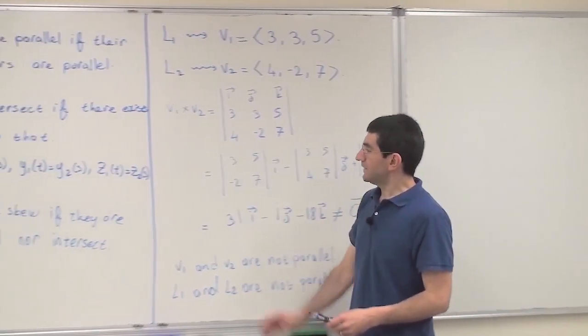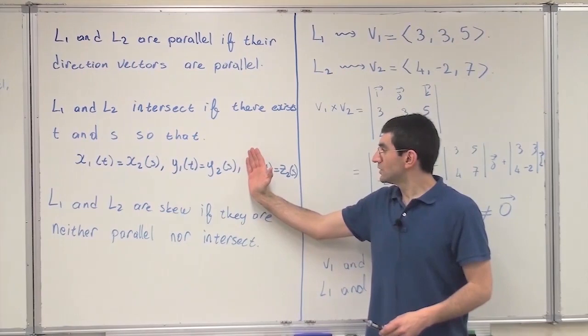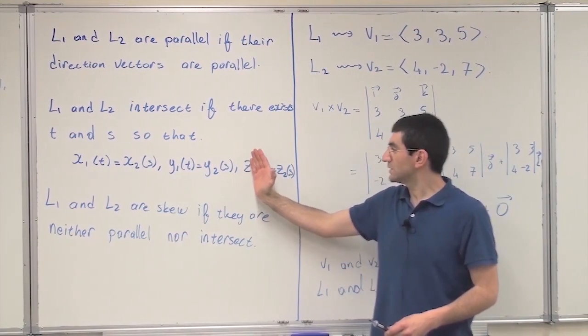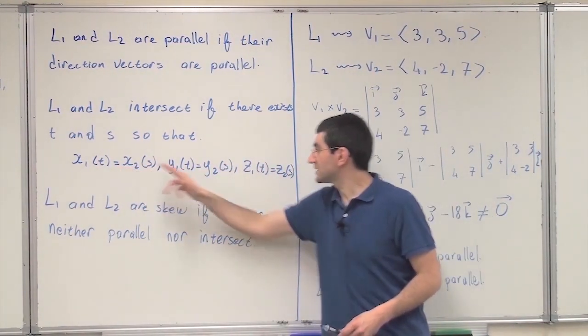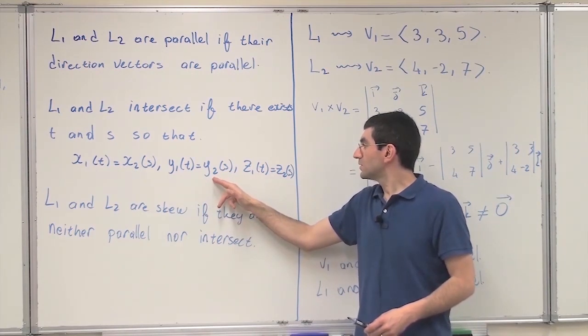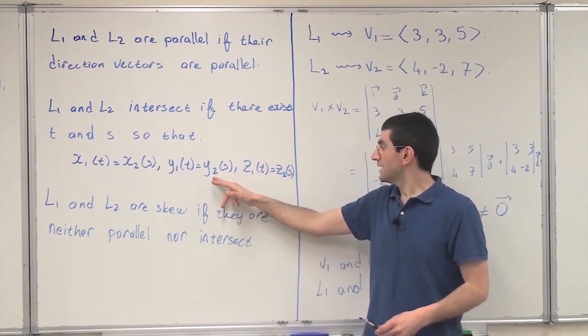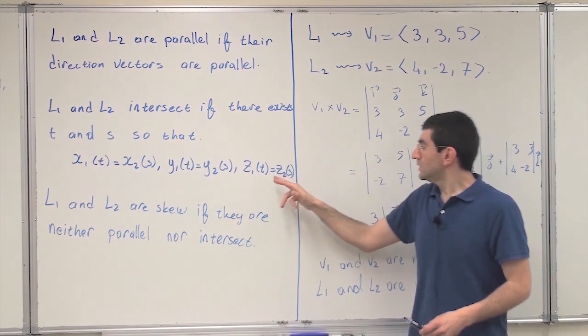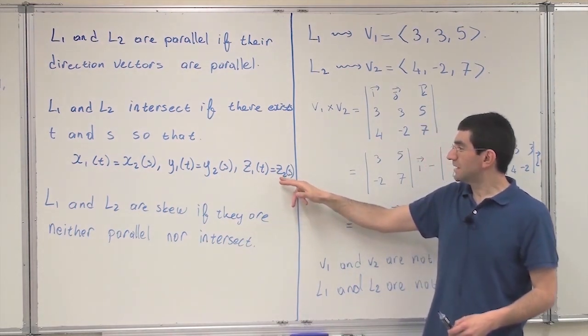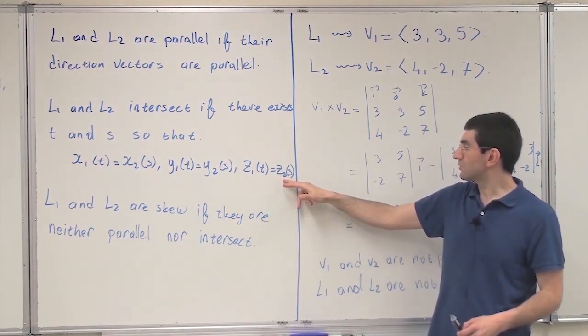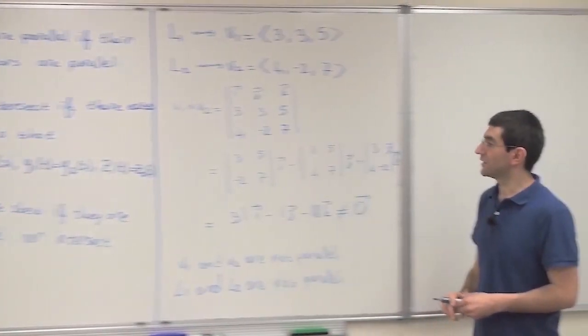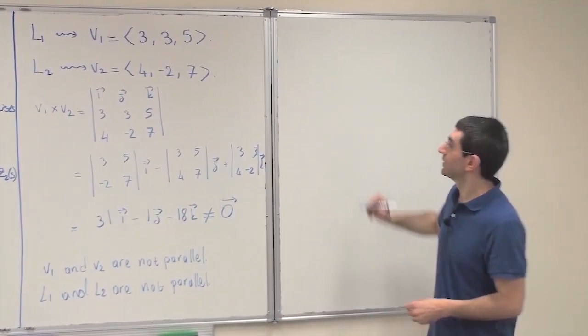So I'm going to use the first two equations, the equations of x and y, to find t and s. And then I'm going to check if the t and s that we find satisfy the third equation, the equation of z.